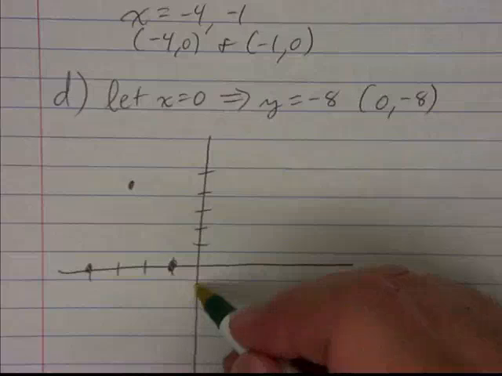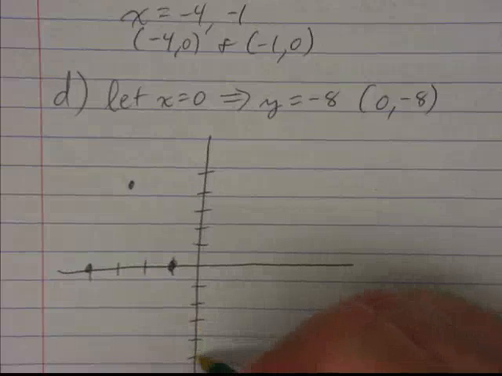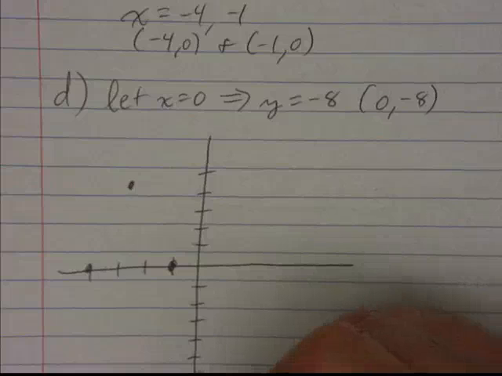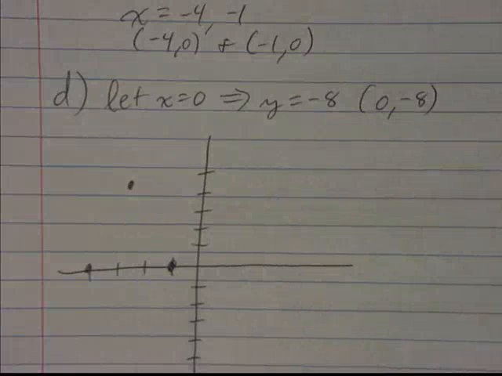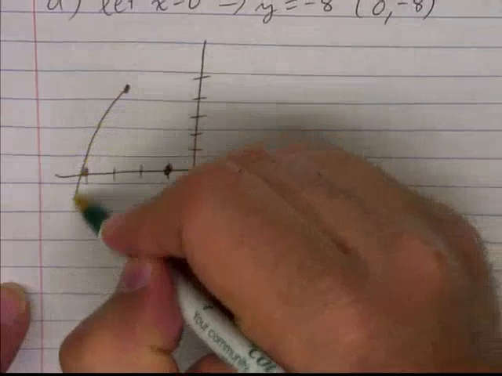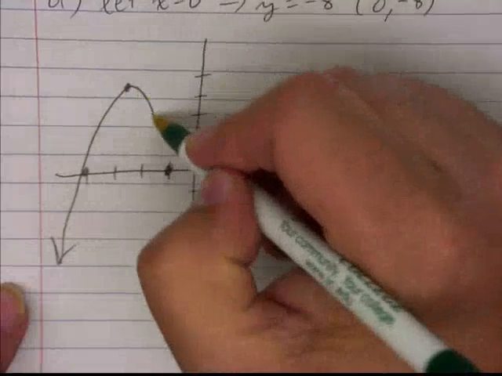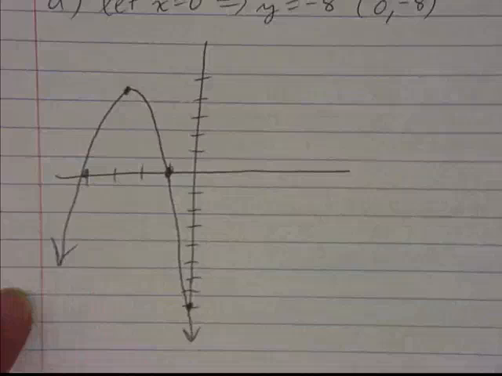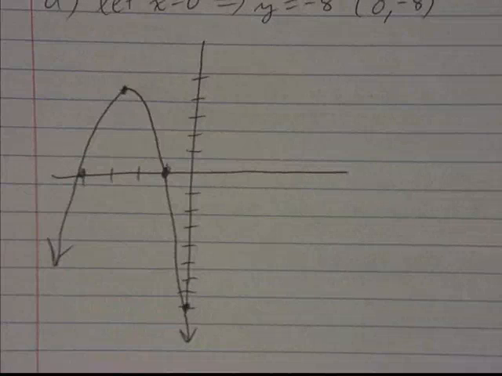And we have a y-intercept at negative 8. And it's opening down. So there is a graph of our parabola. So that's number 14.